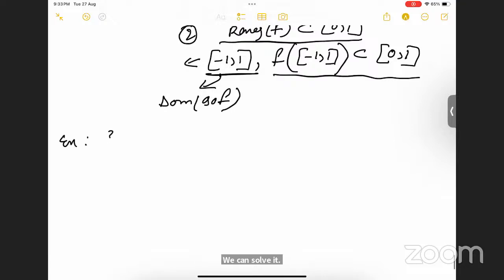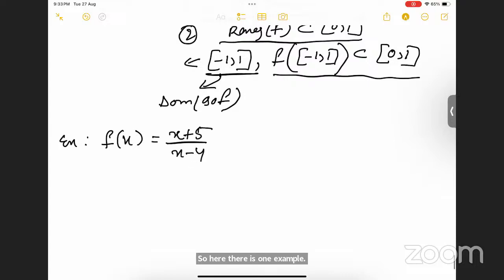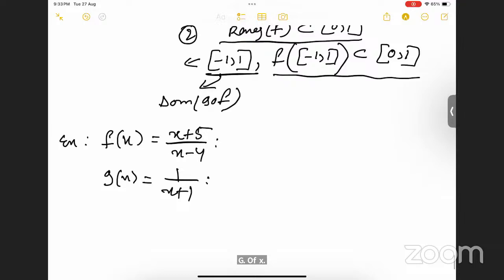So here there is one example: f of x is ... and g of x is 1 by (x+1). Whoever is facing some problem with the domain thing can unmute yourself. What will be the domain for f?